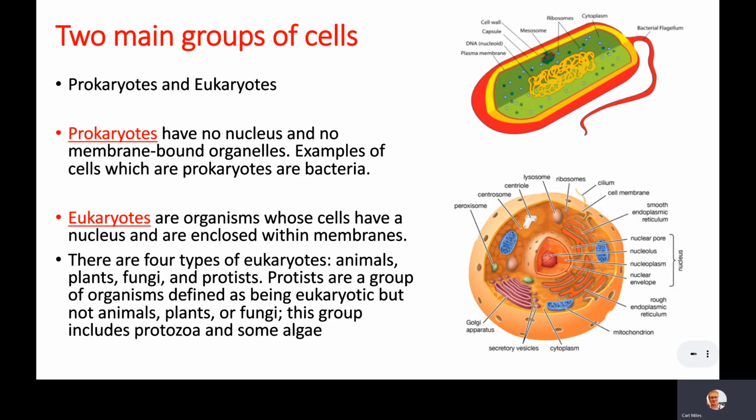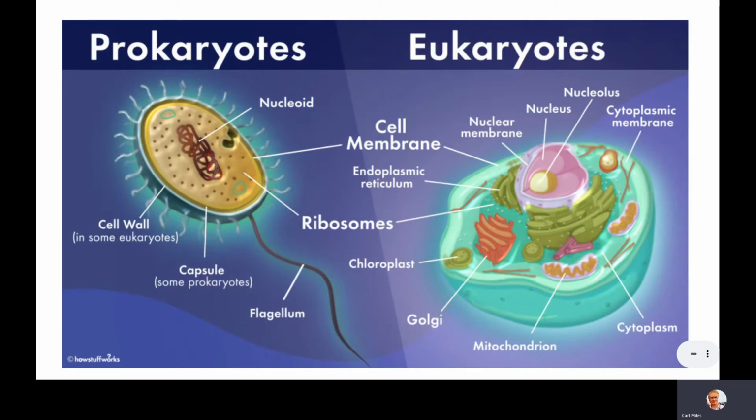So it gives you a little bit of an idea if you're going to be coming across those two terms during the year, what they refer to: groups of cells. We can see there a pictorial summary, looking at the prokaryotes on the left, with an example being the bacterium on the right-hand side. What we can see there is the more complex structure of the eukaryotic cell and everything that it brings.